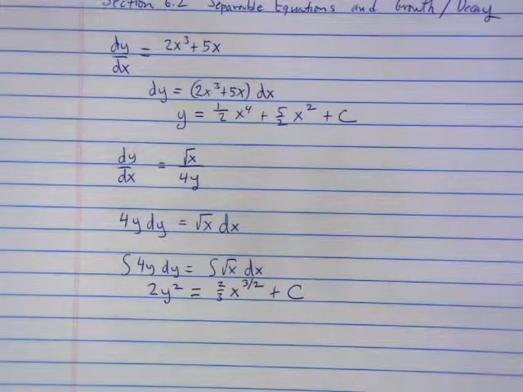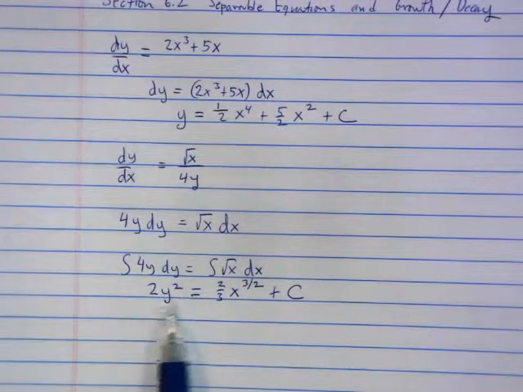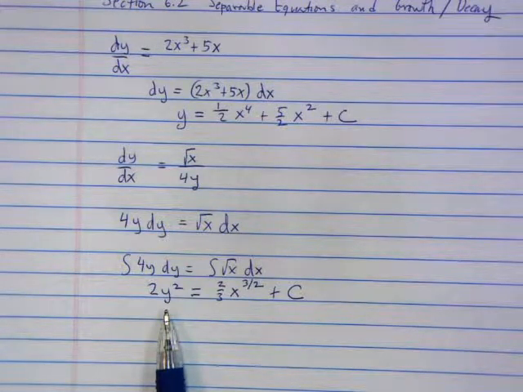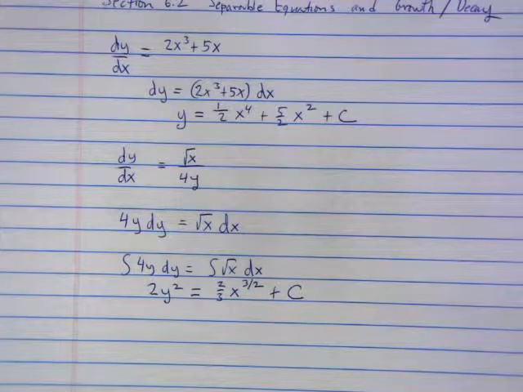Now, if we can, we like to get y all by itself, but for this one, I probably wouldn't. If I have to get the y all by itself, what am I going to have to do? Square root both sides. And when I do square root, you get a mess. You get a plus square root and a minus square root. So I would probably leave this one in what we call implicit form rather than getting the y all by itself.